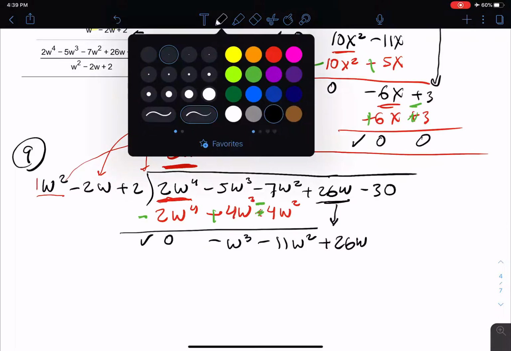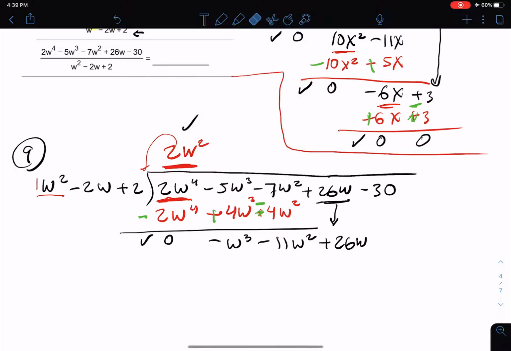Okay, so now question again. Question mark. What times w squared gives me a negative w cubed? Let's see, where are we at? So what's going to do that?